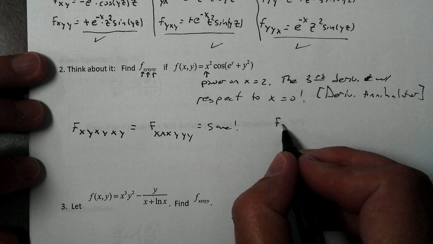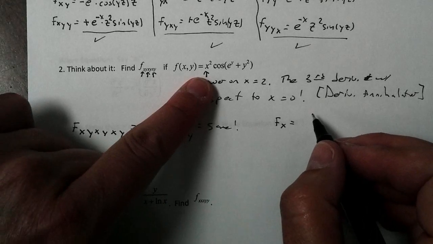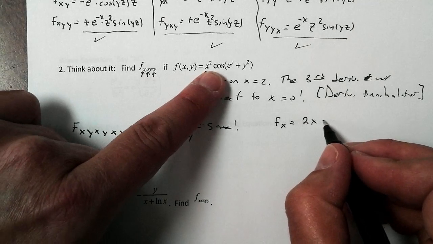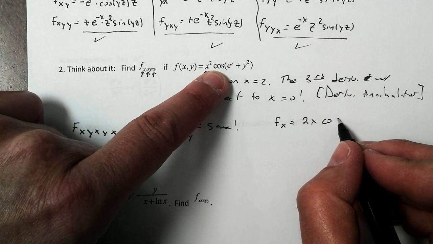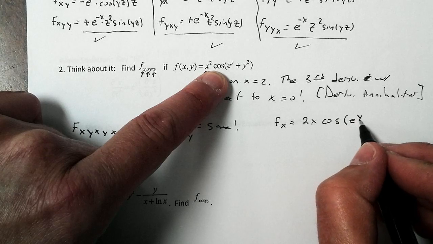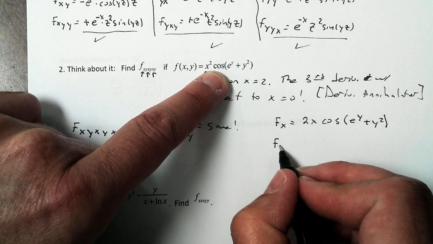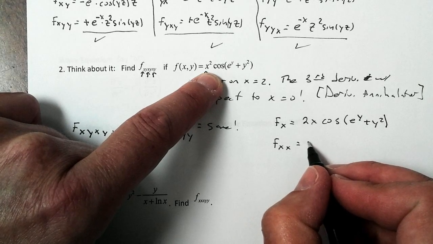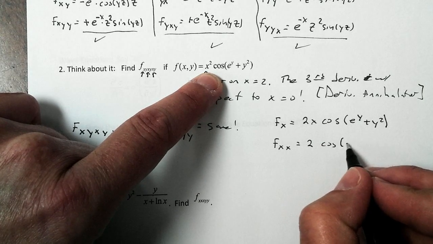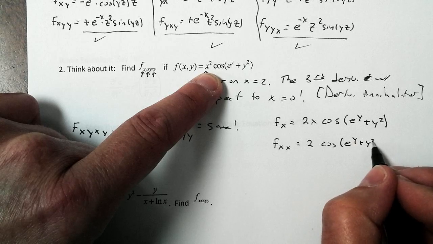So if I take the derivative now with respect to x, that's going to give me 2x. This whole cosine is just a constant, so I can just leave it alone. The second derivative with respect to x becomes 2 cosine e to the y plus y squared.